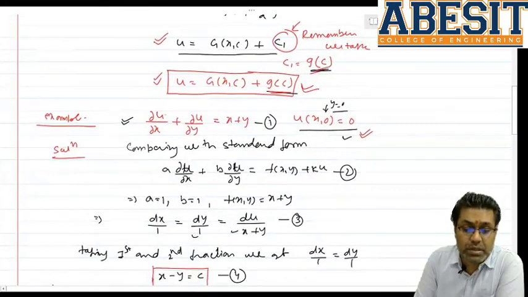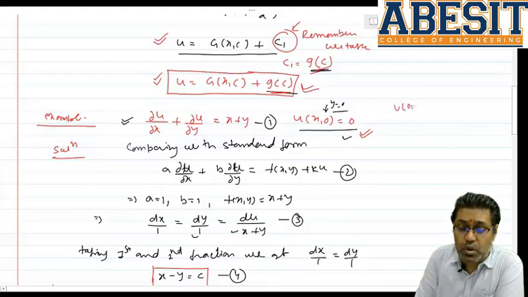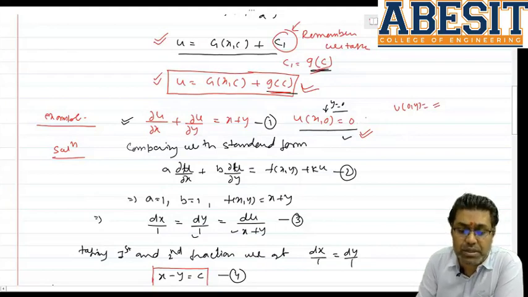It says that the equation del u over del x plus del u over del y is equal to x plus y, with the condition u(x, y) is equal to 0. As I said earlier, sometimes the condition could be u(0, y) equal to something, or u(x, 0) equal to something. Here in this question, when y is equal to 0, u is 0.